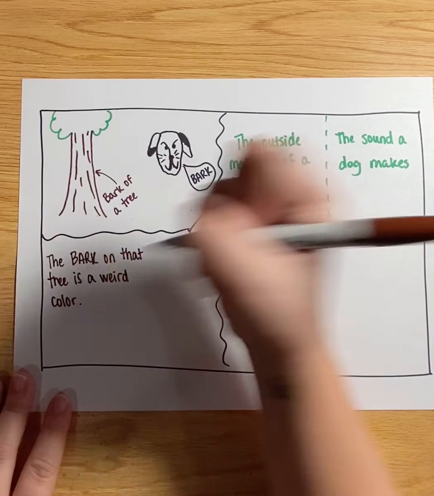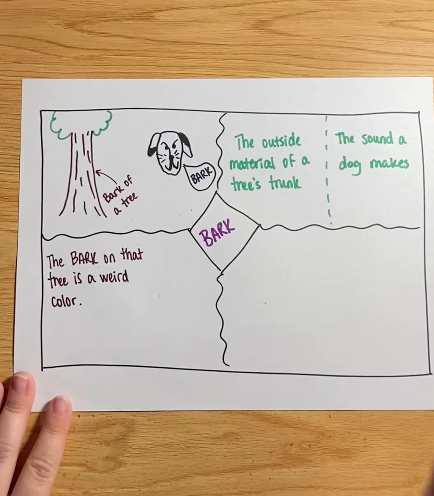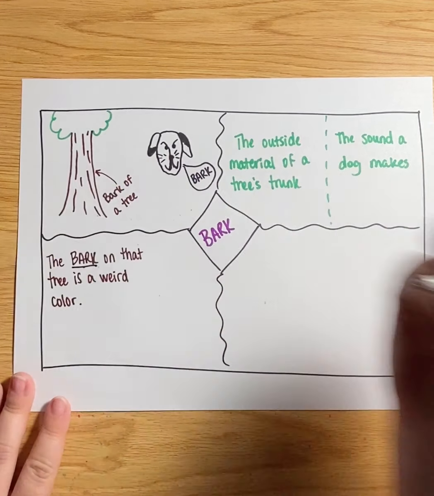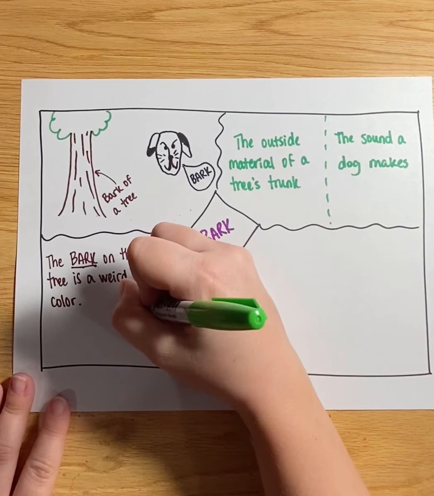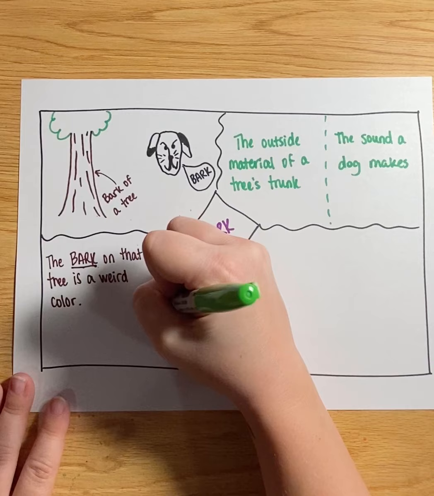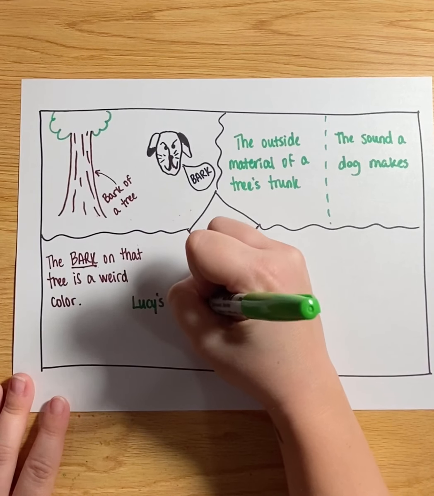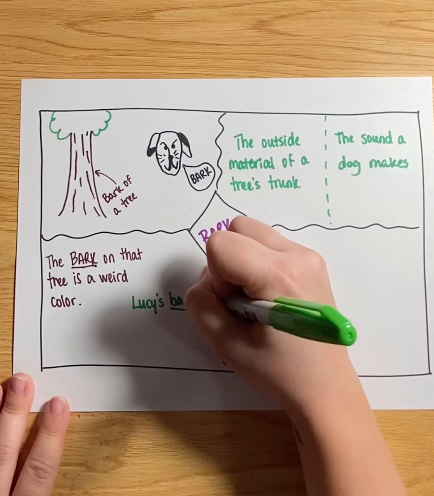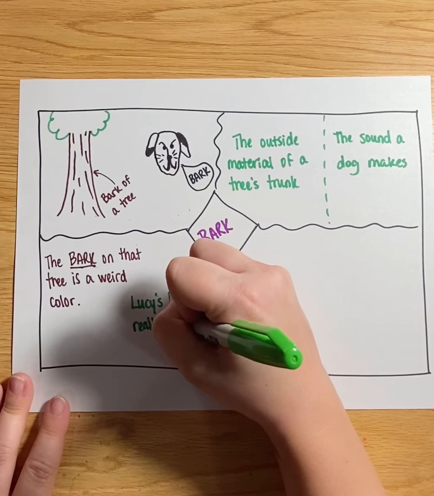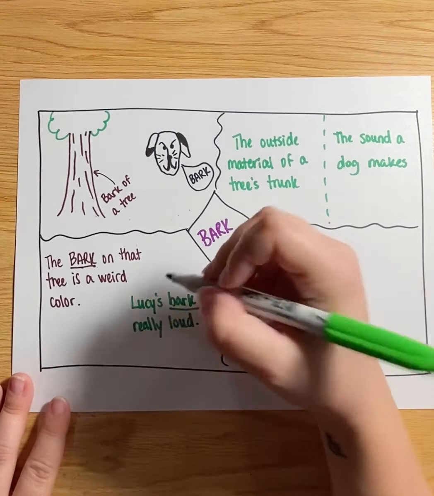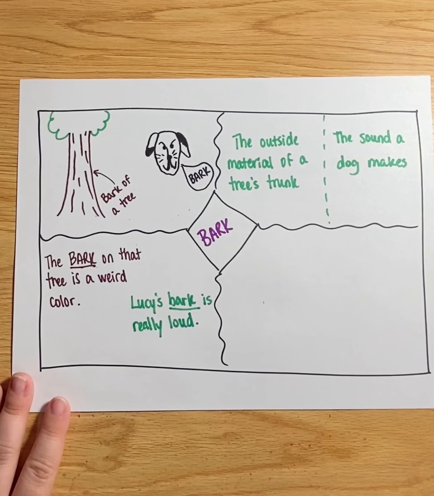I don't know. Maybe it looks purple or something. Okay? But that's one sentence showing one way that I can use the word bark. The other one that we could do is Lucy's bark is really loud. Okay? I'm using my word in a sentence.